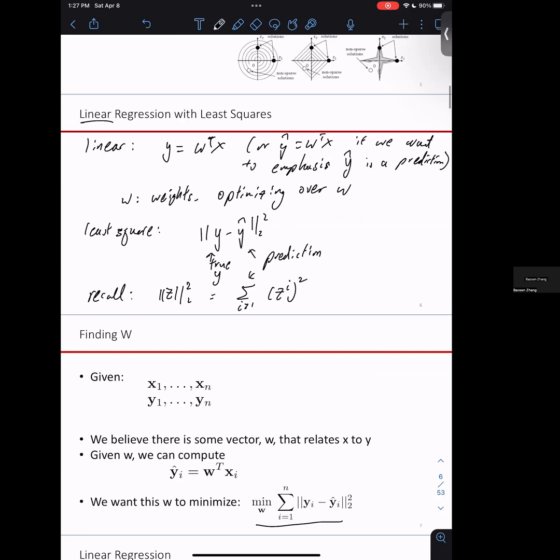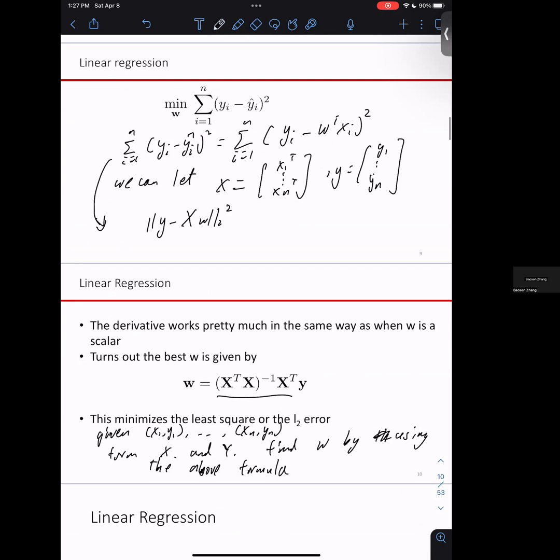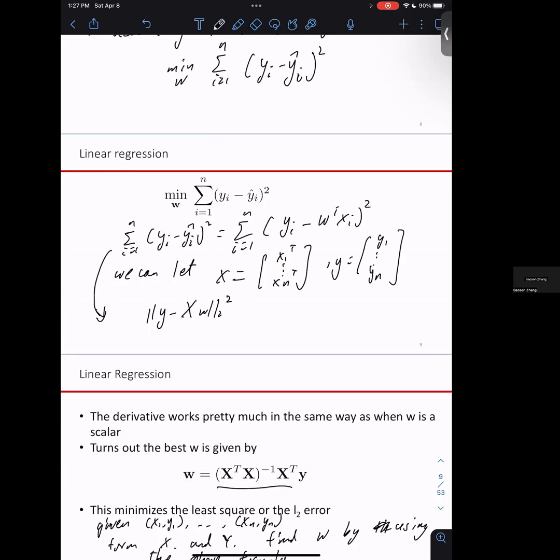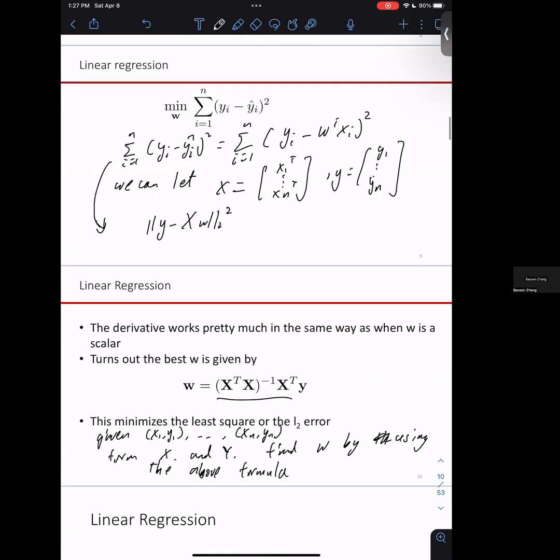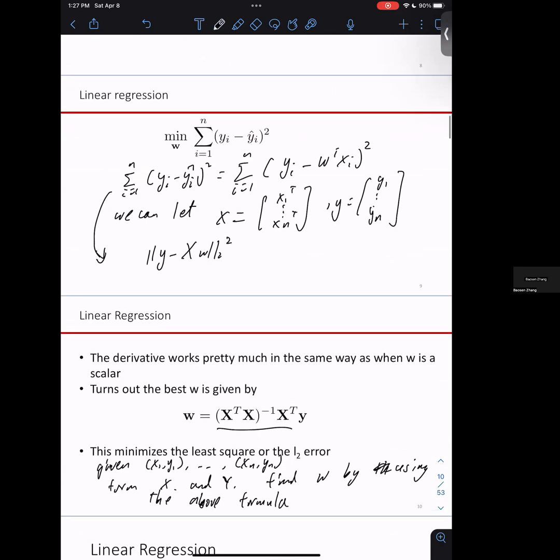You're given some data and try to find W. You can find W by simply having the data X and Y, which minimizes the L2 error. This is called the L2 error. So there is again a closed form formula for this.